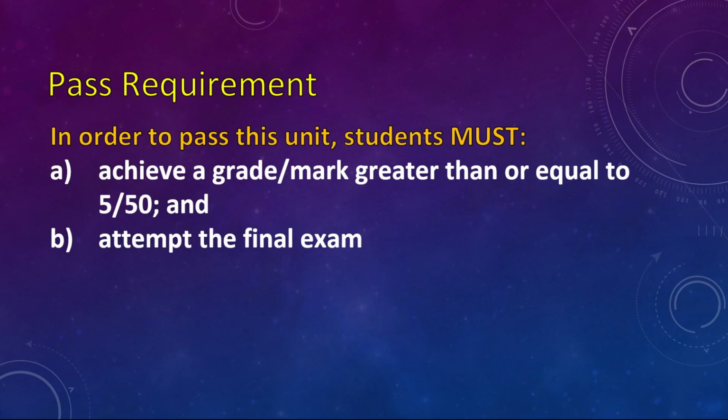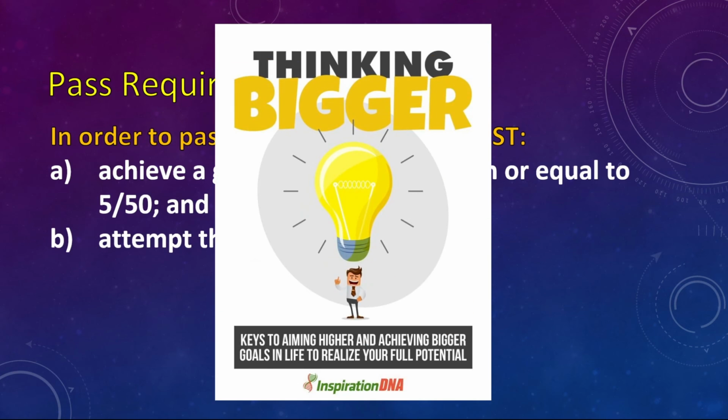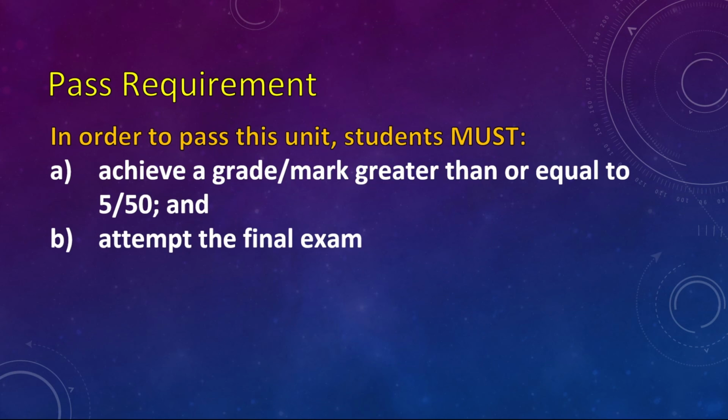The pass requirement in this unit: if you look at the unit outline, there is a pass requirement. Basically, you will have to score marks or a grade which is greater than 50 marks or grade 5, and attempt the final in order to pass the unit.